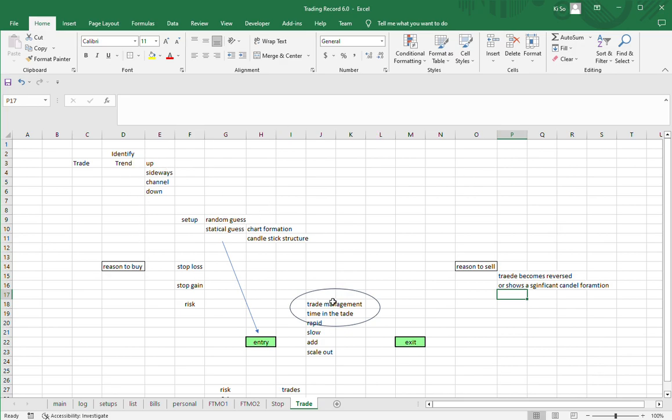And all these things involved are something that's been sitting in the back of my mind, which is far, far away from my subconscious trading. In subconscious trading, I just enter and I exit without considering these things.